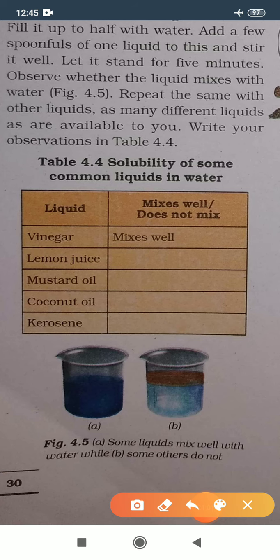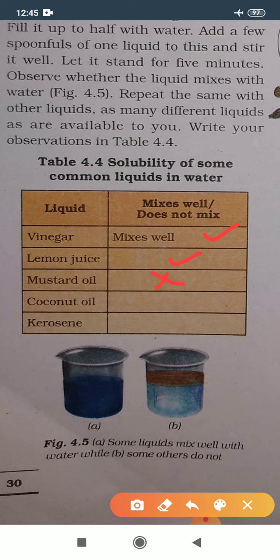As we know, vinegar mixes well with water. If we talk about lemon juice, yes, lemon juice also mixes well with the water. If we talk about mustard oil, everyone knows that oil never mixes with water, it always floats on the water. So mustard oil does not mix.